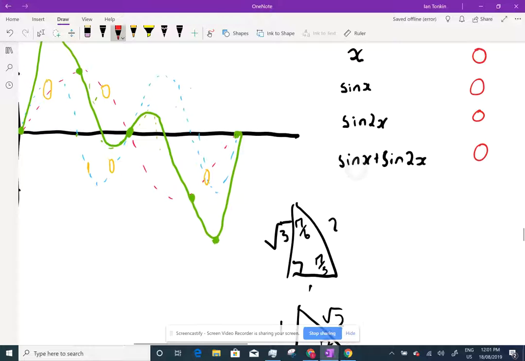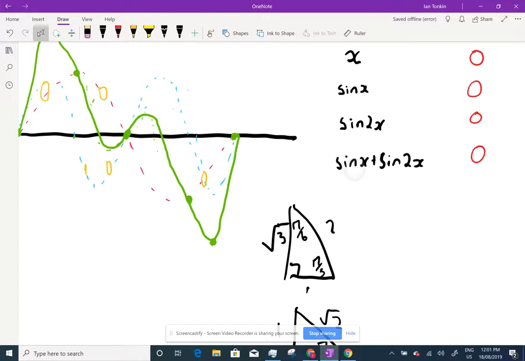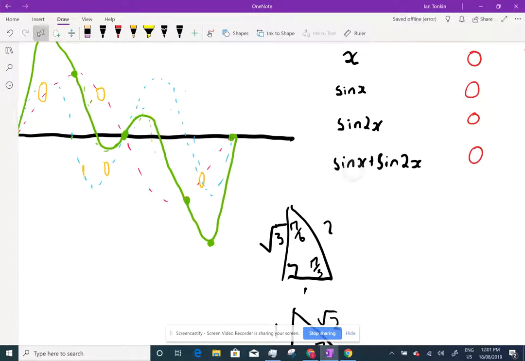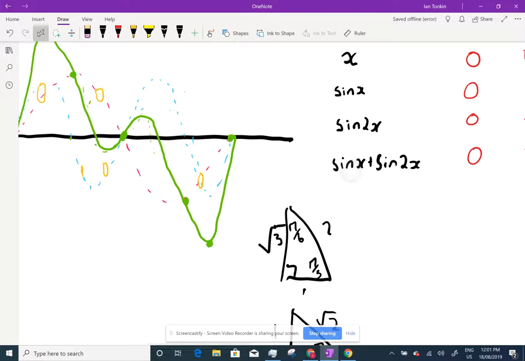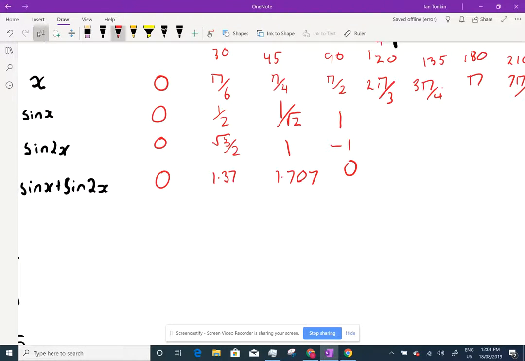All right, because sine 180, so sine 180 is 0, you idiot. Should check on my calculator. And when I add them together, I get 1.